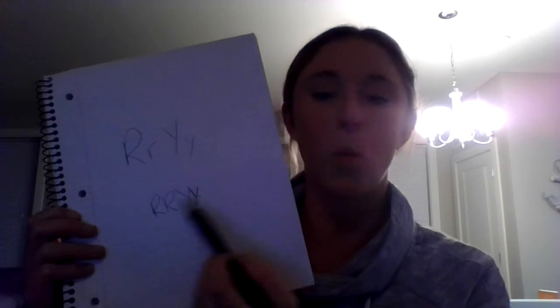Here's another question. If I tell you that an organism looks like this, big R, big R, big Y, big Y, and you cross them with no matter what, you don't have to do a big square. Why do you not?